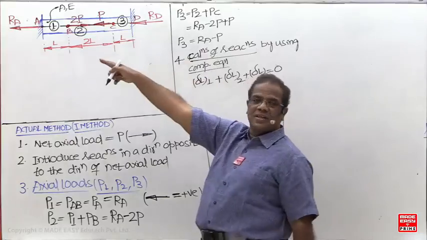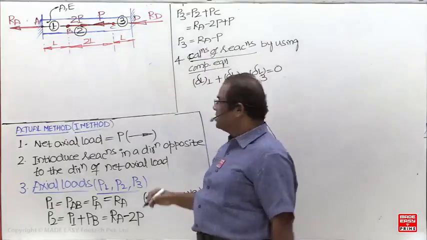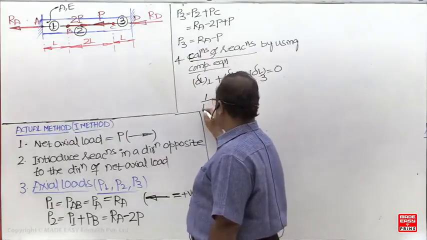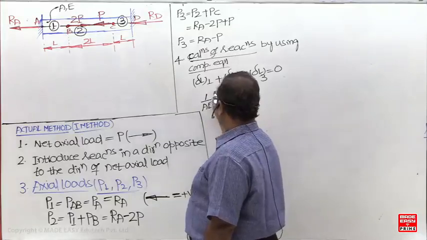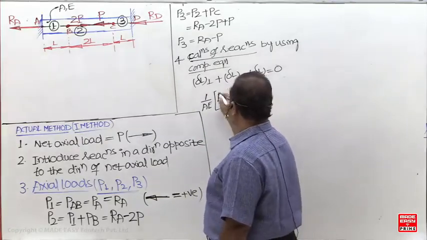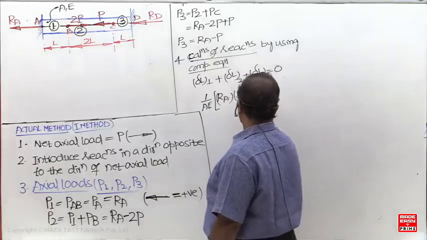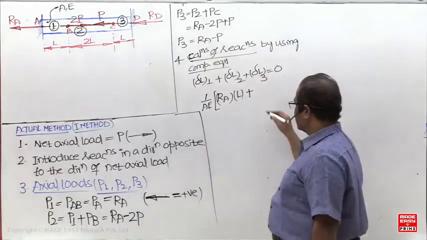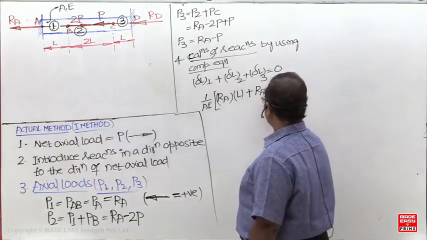In all the bars, which one is the same? AE is the same, axial rigidity is the same. Then we can take AE common. What is the load in the first member? RA. What is the length of this member? L. P2 L2: what is the load in the second member? RA minus 2P.